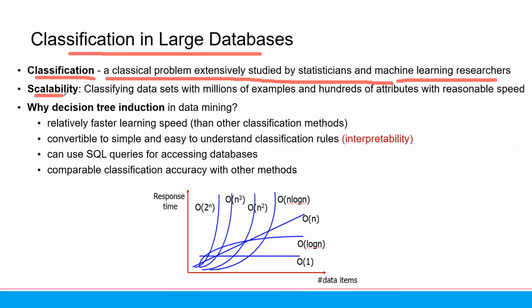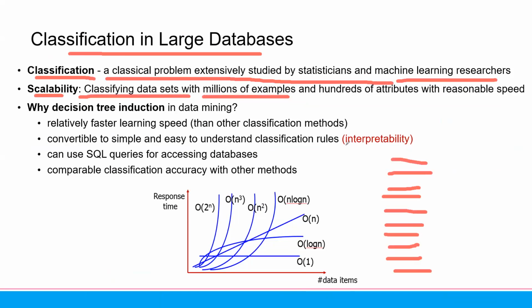Scalability means how we can classify a data set with millions of examples. So it means we have a lot of rows and hundreds of attributes, a lot of columns. How can we classify very big data with reasonable speed?